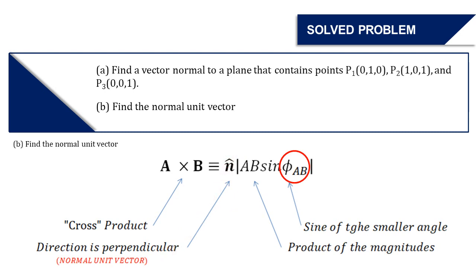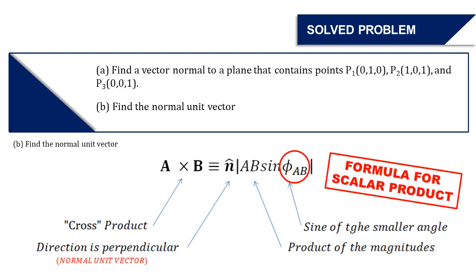So, pwede rin naman nating makuha na yung ating magnitudes, di ba? Dahil na-describe na natin yung A and B. Ang kulang na lang is yung ating angle. Right? So, paano natin kukunin yung ating angle in between? Remember, pwede natin yan makuha using the formula for the scalar product. Okay?